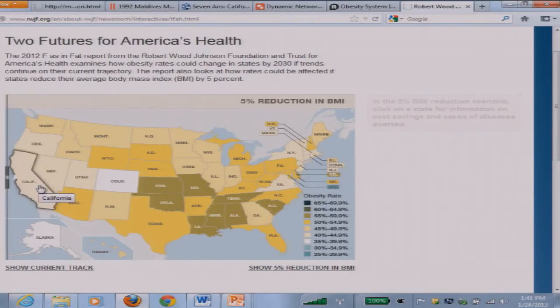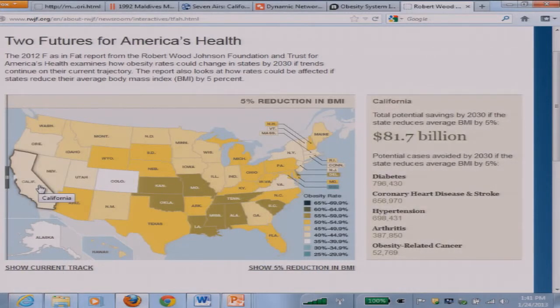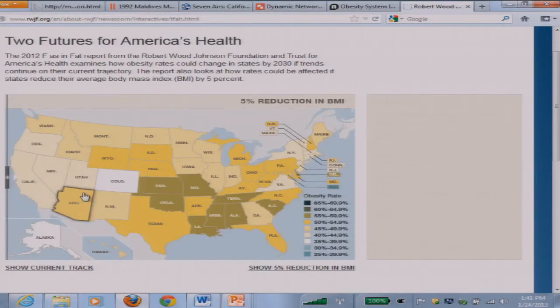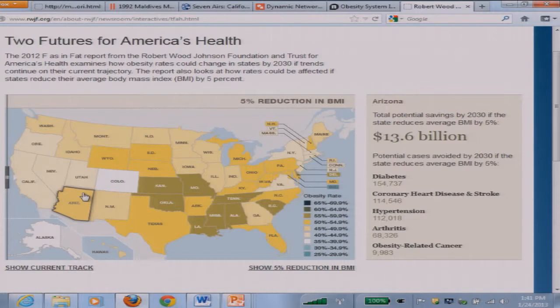What's interesting about this visualization is that it's data-driven. They have a report that goes along with this infographic that talks about the avoidable healthcare costs associated with just a 5% reduction in BMI. So if you think about dynamic visualizations, ways to explore data, this is an example of such a visualization.